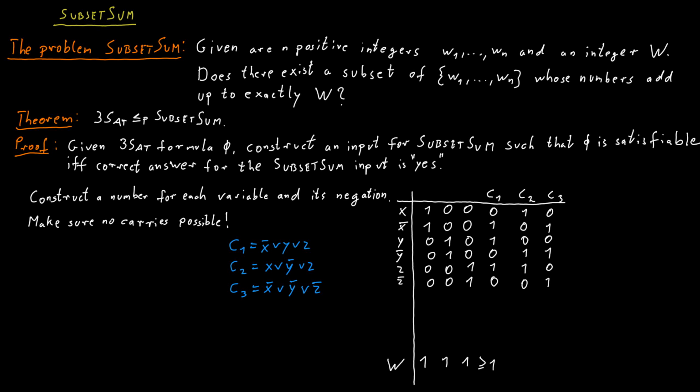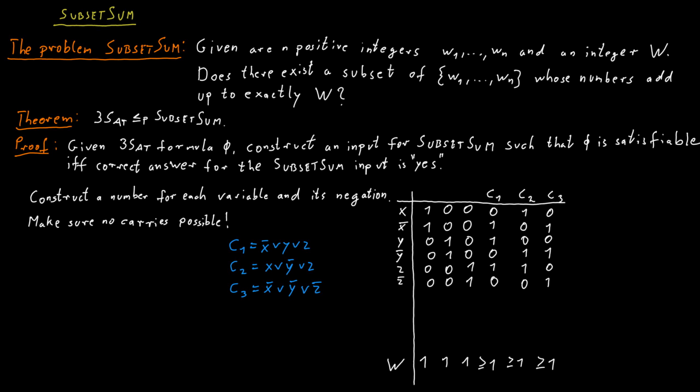If we do this, we satisfy the condition. If we do not do this, then the clause is not satisfied, and we have no hope of reaching our target value capital W. And it would work the same way for C2 and C3.